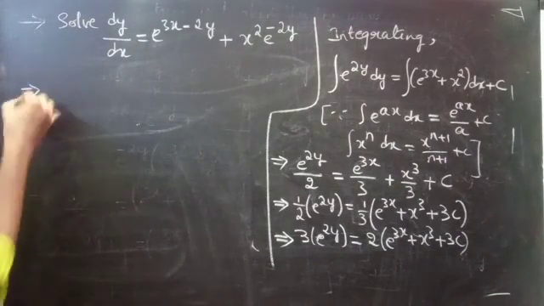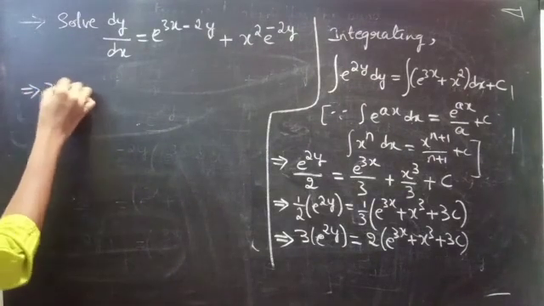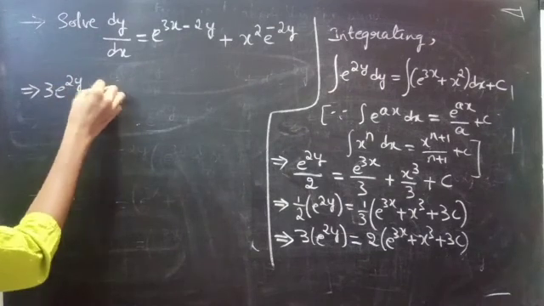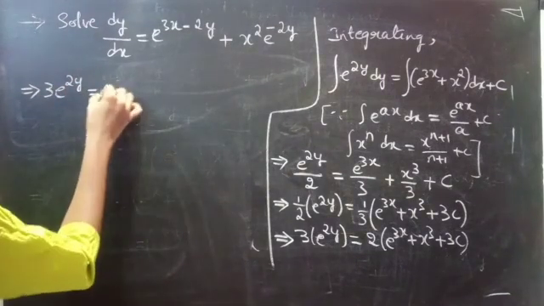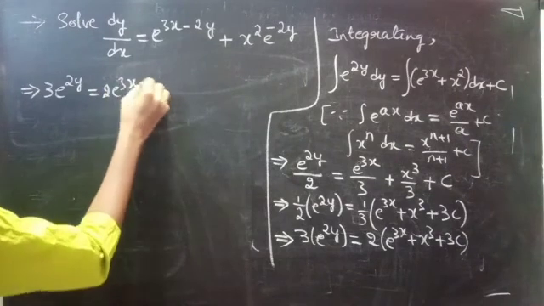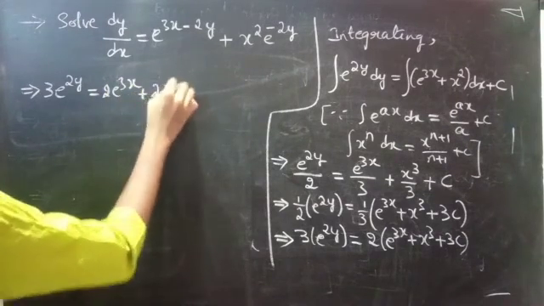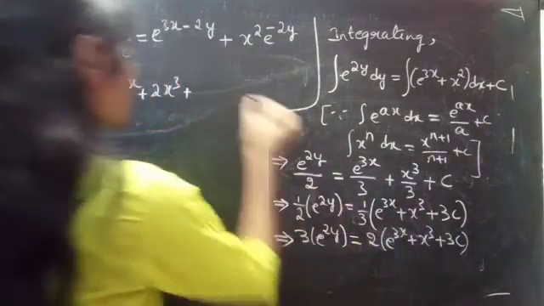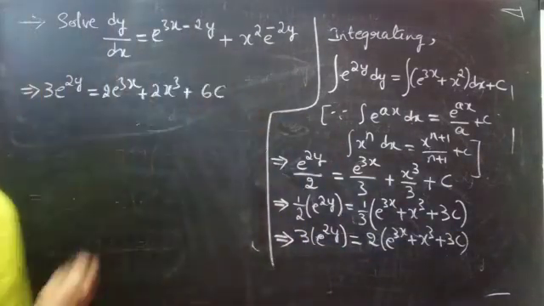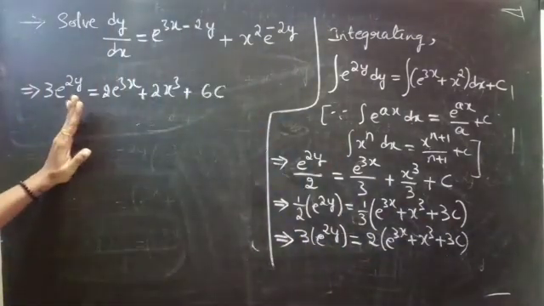So this gives 3 into exponential power 2y equals 2 into e power 3x plus 2 into x cube plus, 2 threes are 6, 6c. So this is our solution.